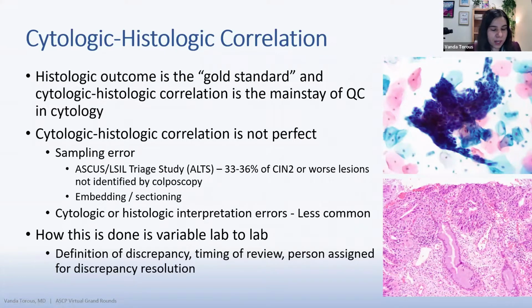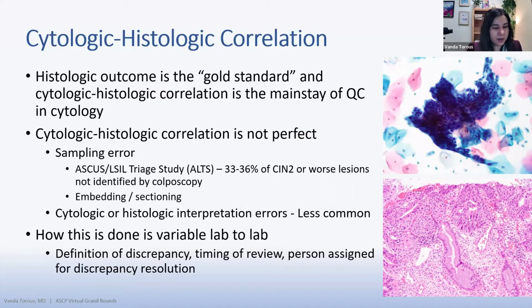So, in gynecologic cytology, is it the pathologist who's signing out the cervical biopsy who is doing the review at the time that they're signing it out? Or is it the cytopathologist who signed out the prior cytology case who's assigned to it?